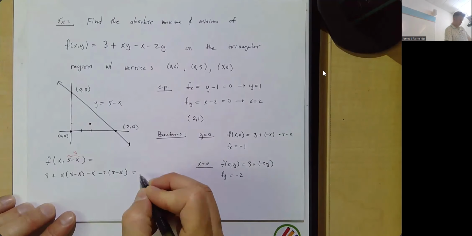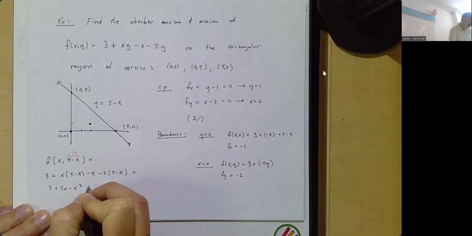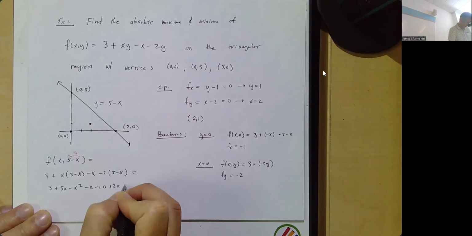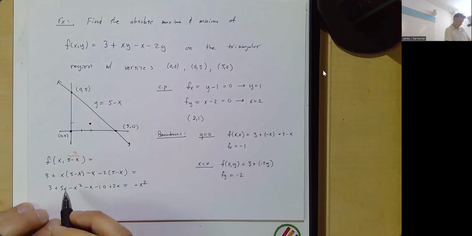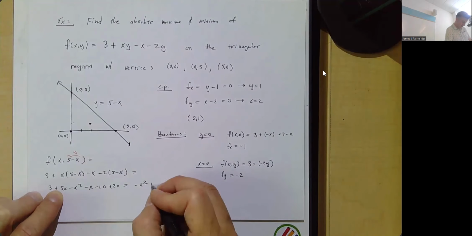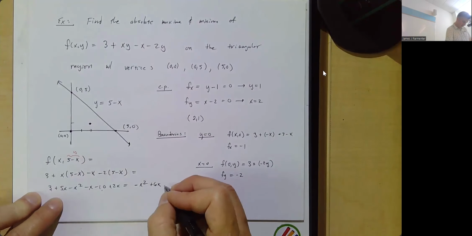So that's going to be 3 plus 5x minus x squared minus x minus 10 plus 2x, which is really, let's see. I've got a negative x squared. I've got a 5x minus x is 4x plus 2x is 6x. And I have a 3 minus 10, which is negative 7.